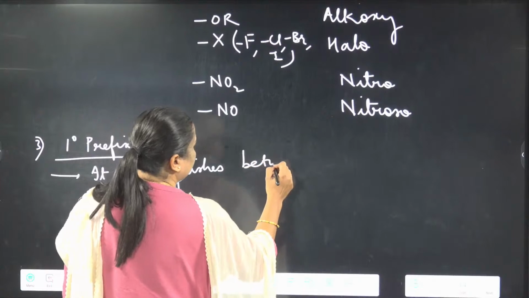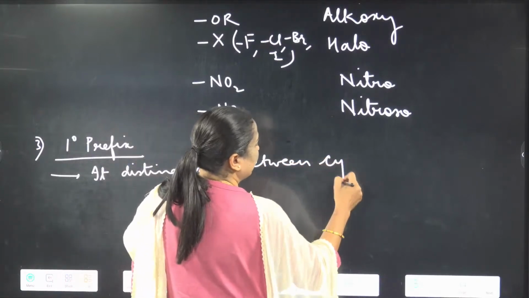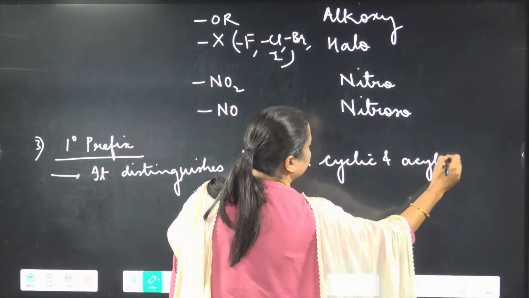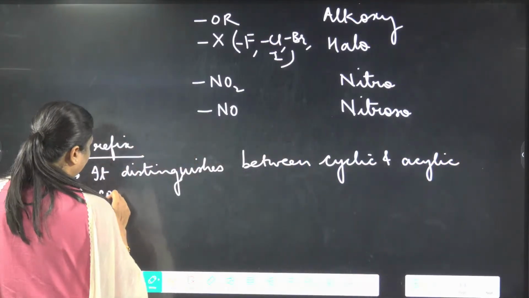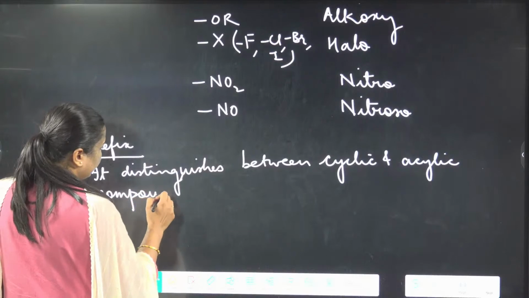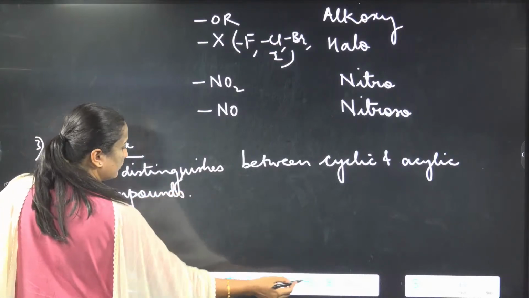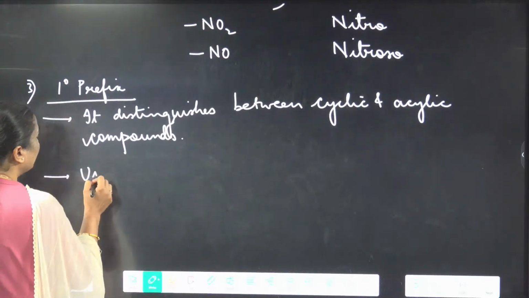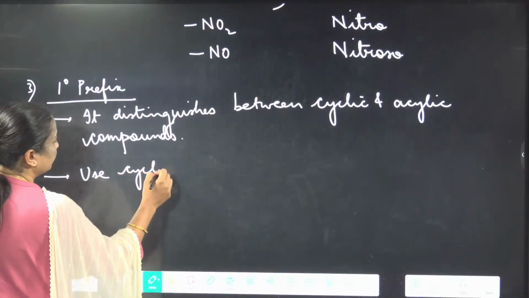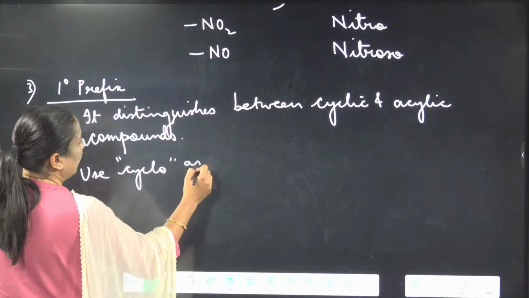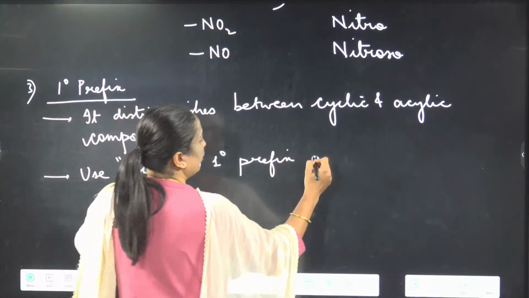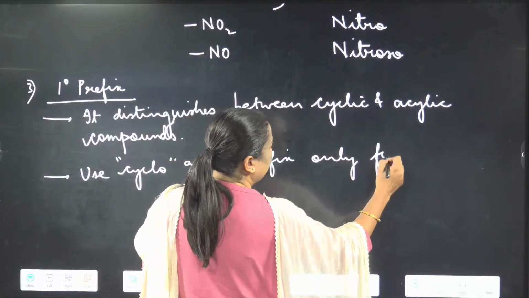Cyclic and acyclic compounds. Use cyclo as primary prefix only for cyclic compounds.